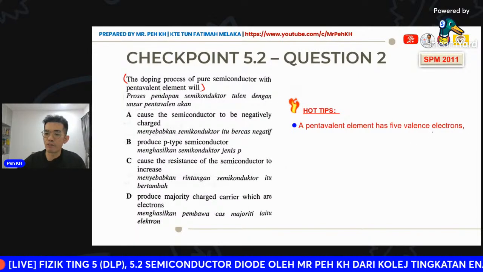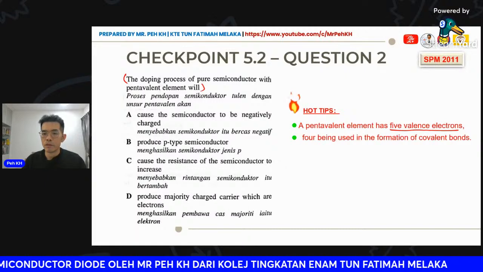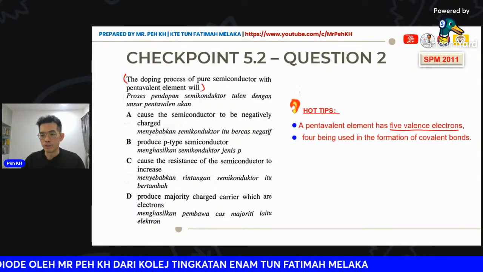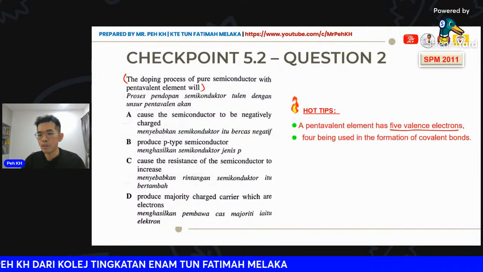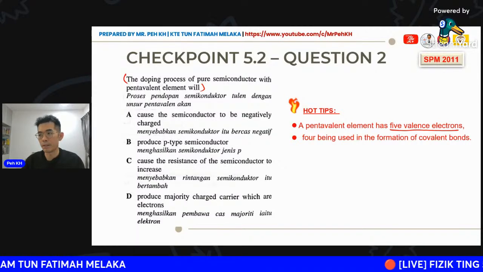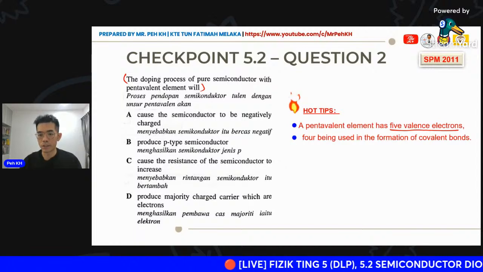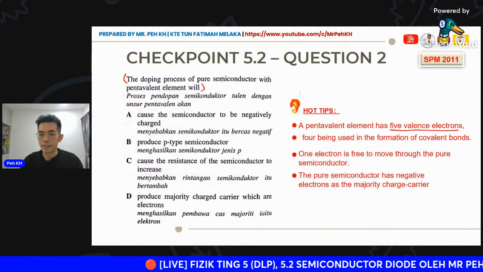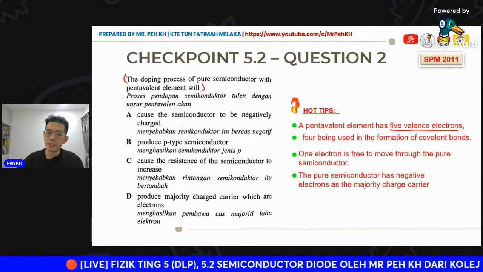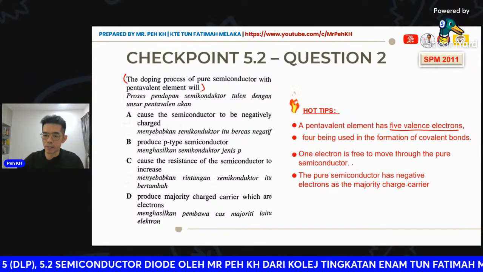So there will be 5 valence electrons. Okay. So 4 of the electrons will form the covalent bond with the pure silicon, can be germanium also, and other pure semiconductors. Okay, and then one of the electrons will be free to move through the pure semiconductor.